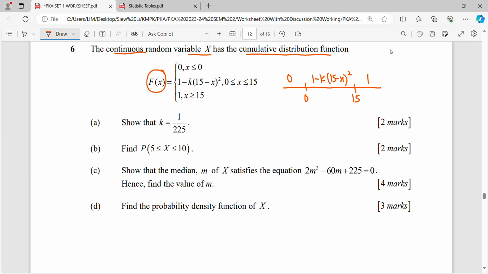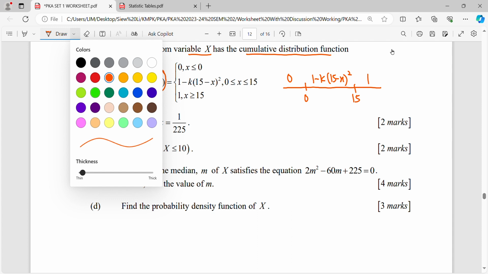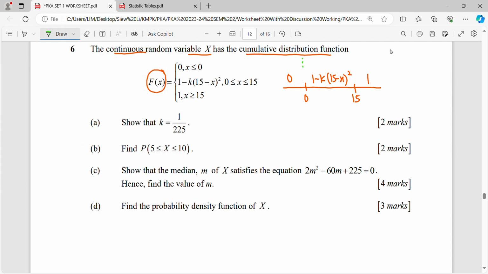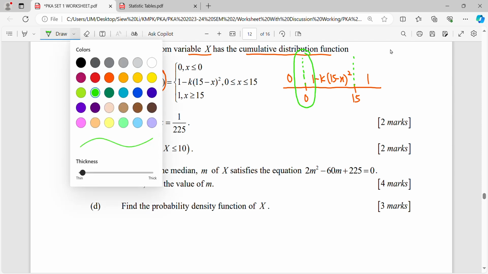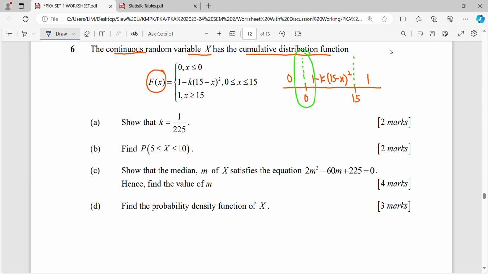So in this area, for point x equals 0 and point x equals 15, it must be continuous, summing up the probability. At this point, to find your unknown, the left hand side coordinate must equal the right hand side coordinate.